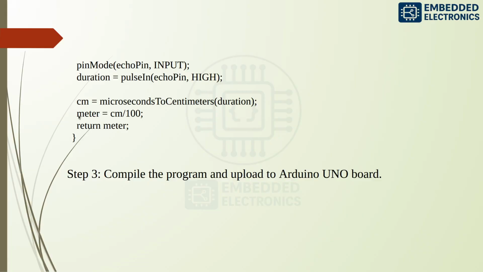It converts that time into centimeters, then divides by 100 to get the meter value. Using meters instead of centimeters makes the number smaller and easier for the Arduino to compare quickly.